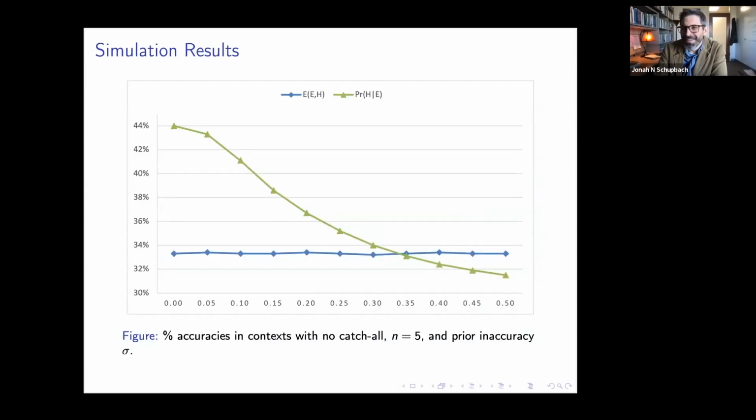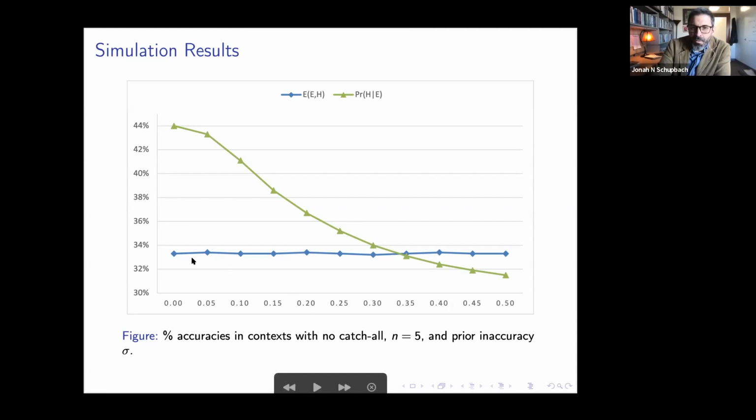If we do it, all of a sudden we get results like this. Okay, now notice this is no longer a function of the number of hypotheses. This is again percentage accuracy or success rate as a function of now sigma, the degree of inaccuracy of our subjective priors.